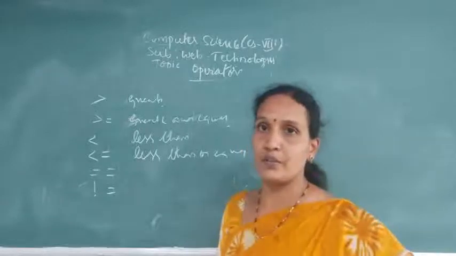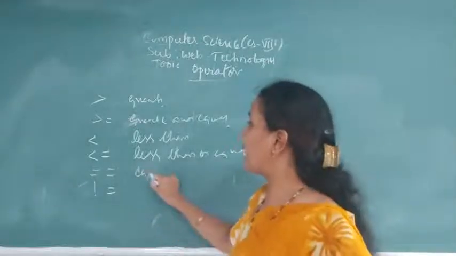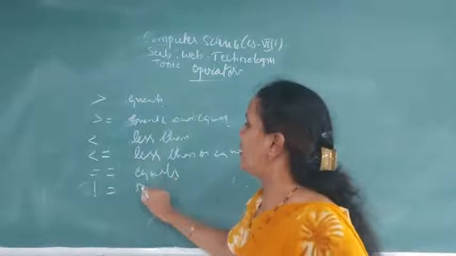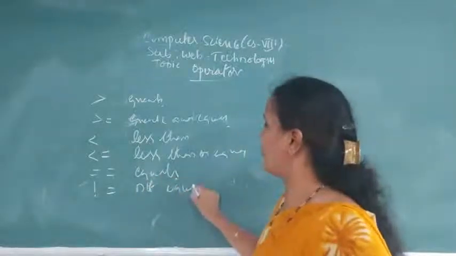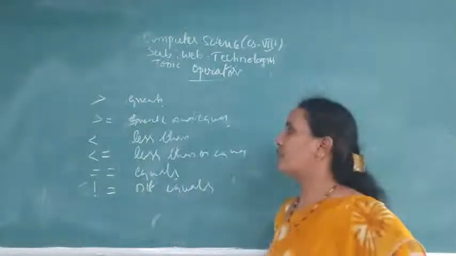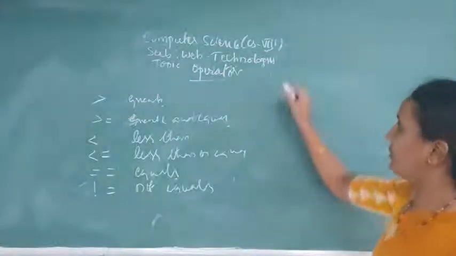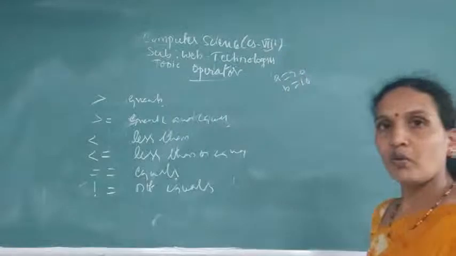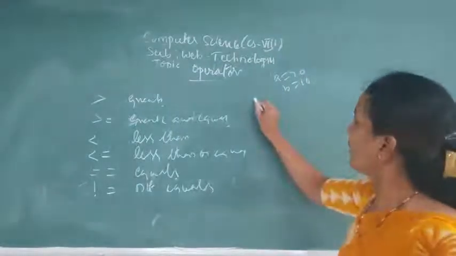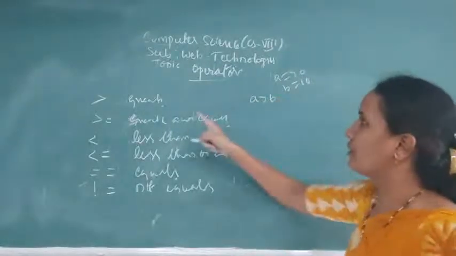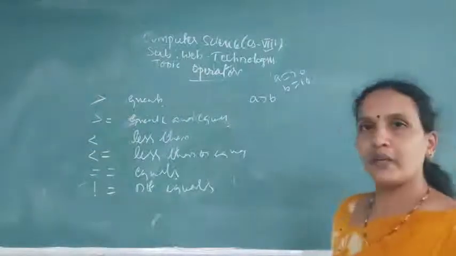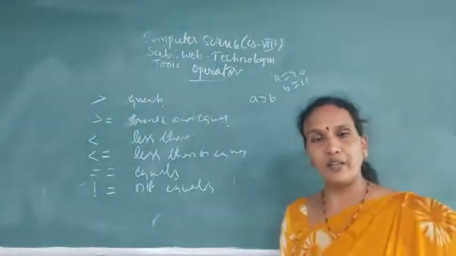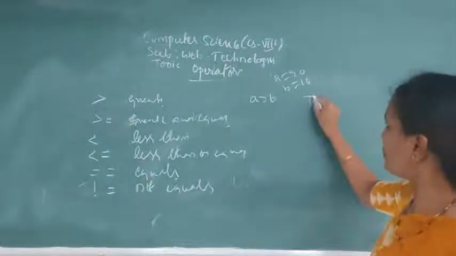Now it is equals to and it is not equals to. Right. Now we will give an example. A equals 20, B equals 10. A greater than B. A is 20, B is 10. A is greater than B. The condition is true, so you will get true.